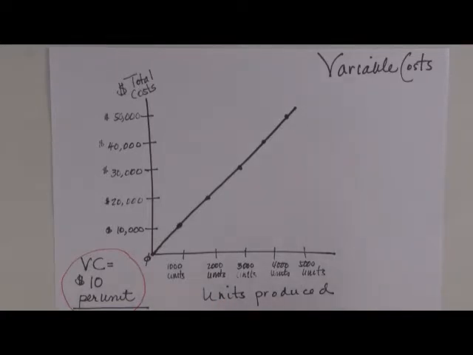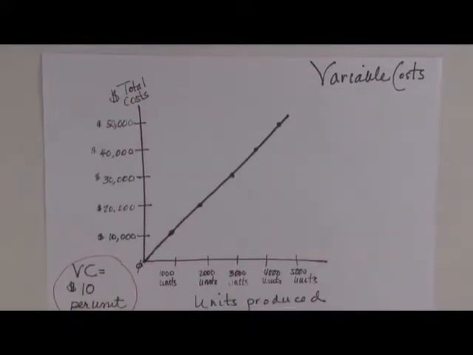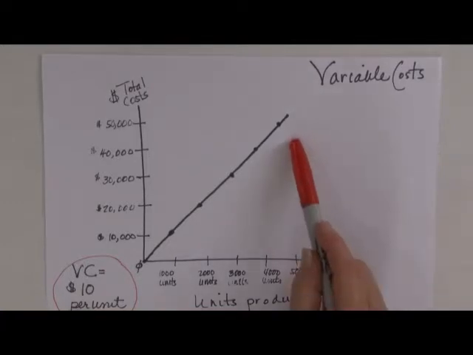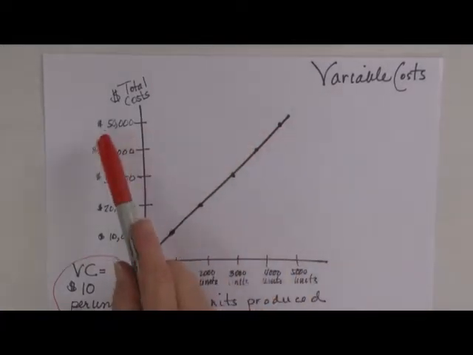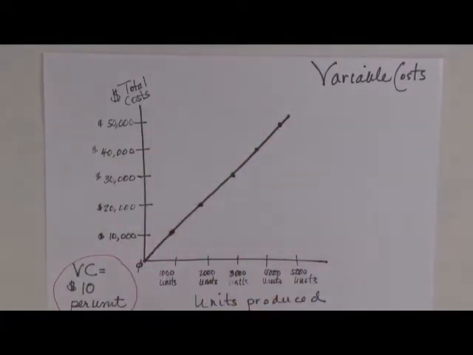It doesn't mean we can't express it in total cost. For example, if I looked at 3,000 units, then my total cost is $30,000. If I'm producing 5,000 units, then my total cost is $50,000 because each unit has a cost of $10.